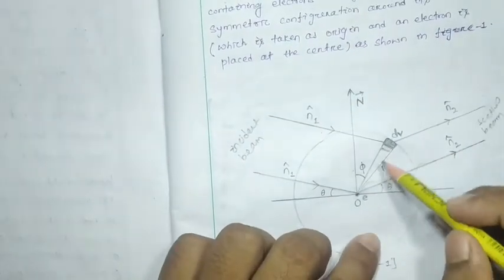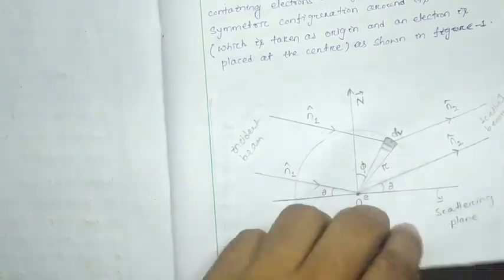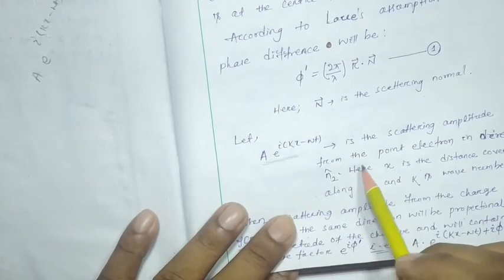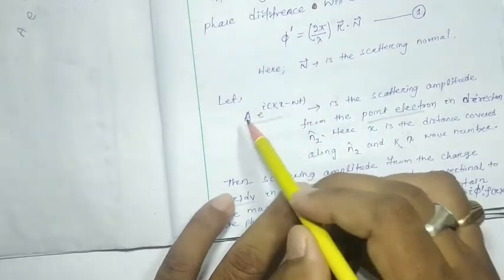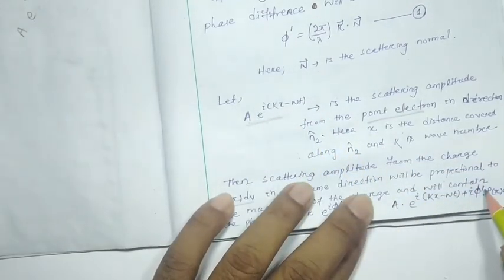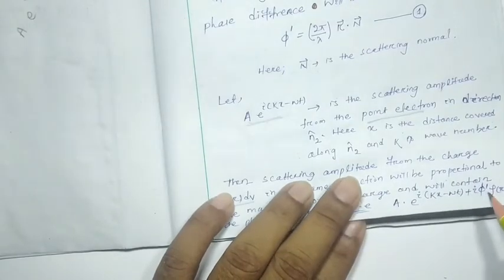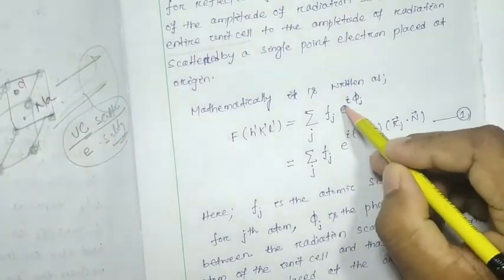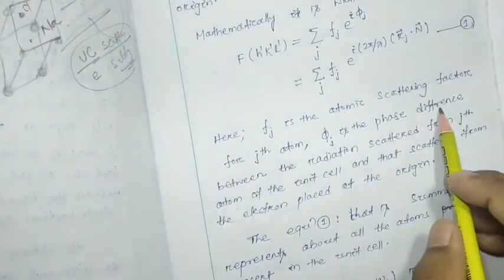This represents the amplitude of the point electron, and in the exponent, kx minus omega t, plus i phi dash, another phase difference part has been added. Similarly, e to the power i phi j is nothing but the individual phase difference of individual atoms.